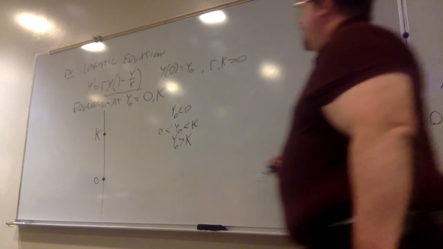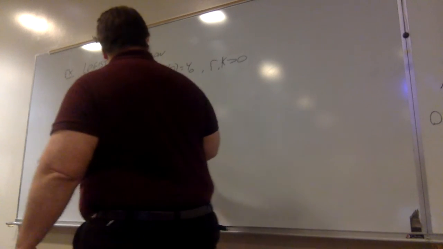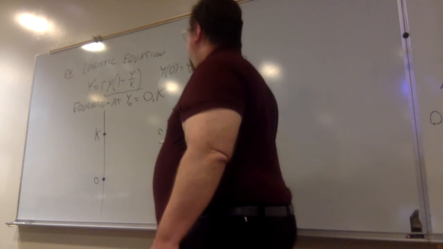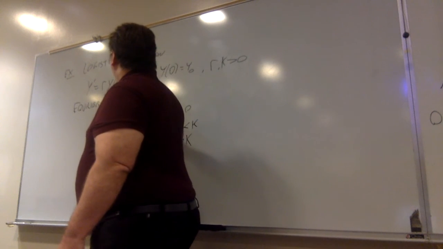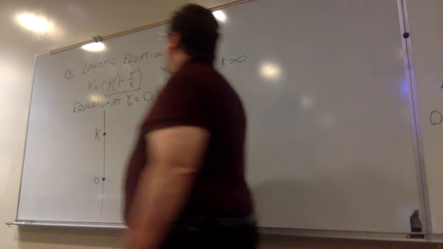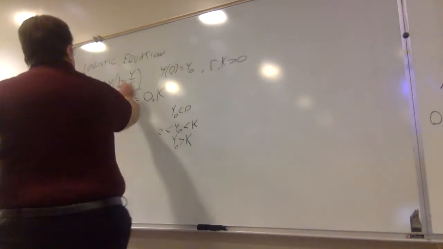So for example, suppose the initial value is negative. Then this factor y is certainly negative. But what about this one right here? We have 1 minus y over k. So based on k being positive, y being negative, what is the sign of this factor right here?